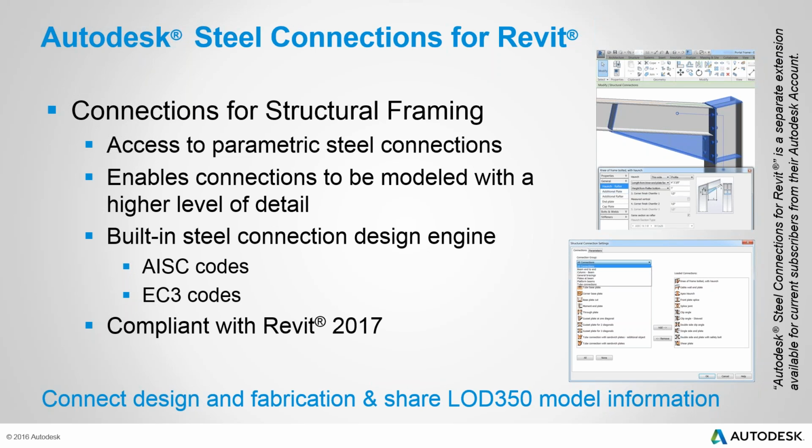These are parametric steel connections inside the software, enabling us to create these connections. They can also go back into Advanced Steel, so they are part of the XML export.